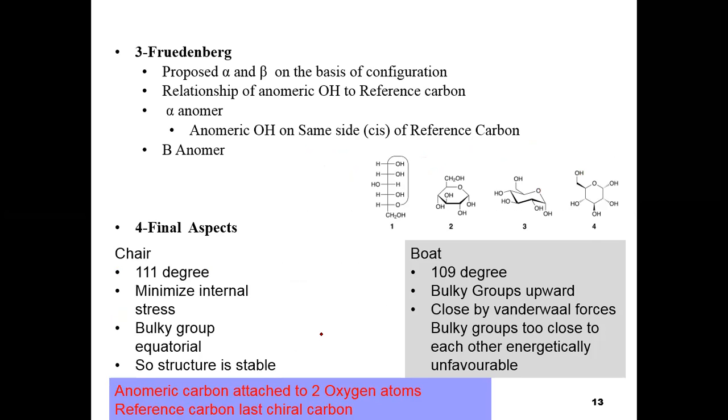He explained that for the alpha anomer, the anomeric hydroxyl group will be on the same side as the reference carbon. If it is on the same side, the structure will be alpha. If it is vice versa, if the anomeric hydroxyl is on the other side of the reference carbon, the structure will be beta. This structure will be the beta anomer.